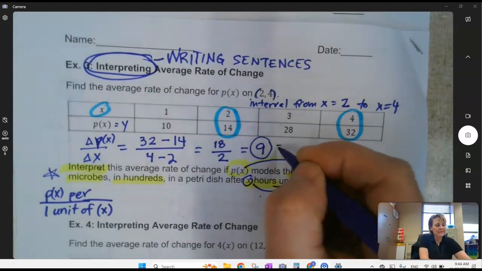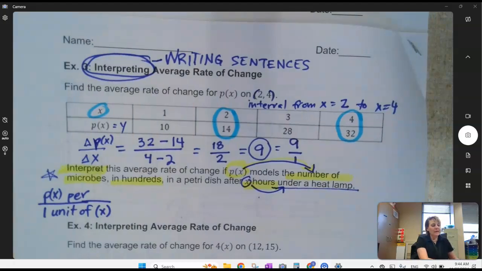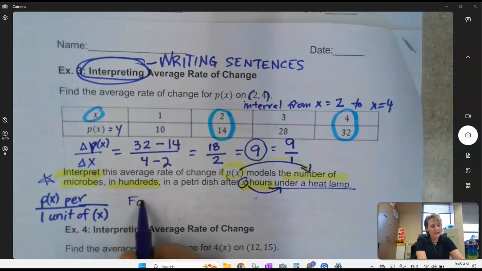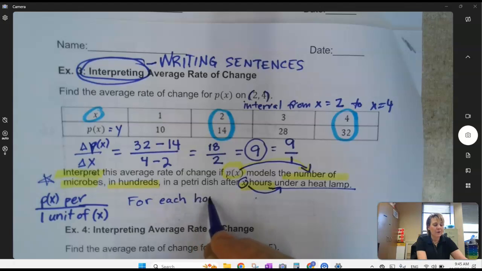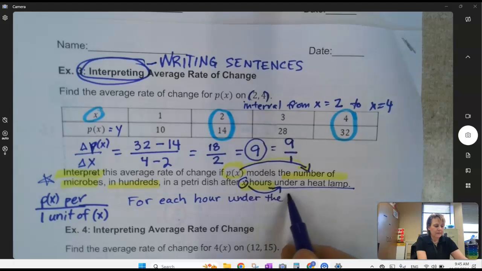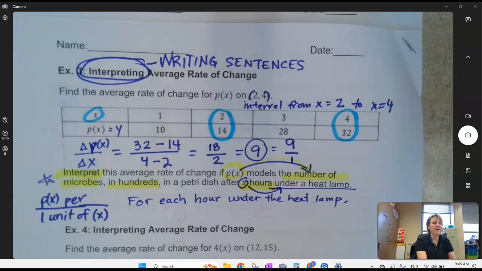Notice that this 9, we could write as 9 over 1. So for each 9, 1 unit of x happens. How I'm interpreting this, I wrote for each, what's the x? Hour. So for each hour under the heat lamp, what happens to the p of x?